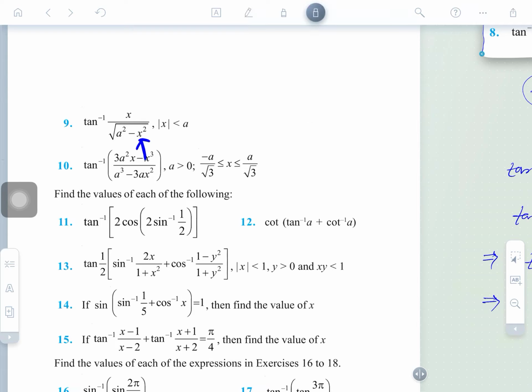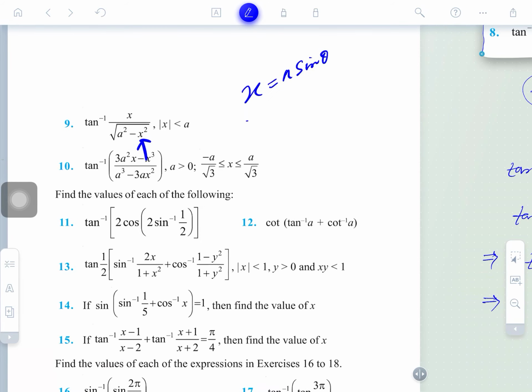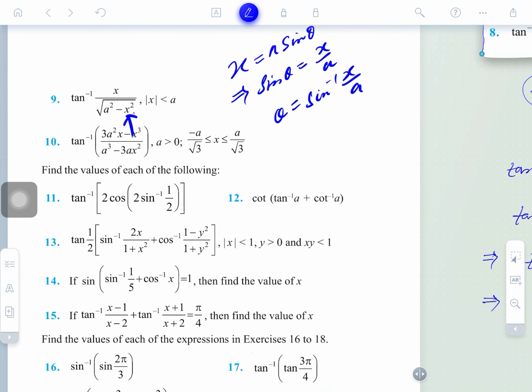So we'll suppose x is equal to a sin θ. Then sin θ is x by a, or θ is sin inverse x by a. Now put this in place of x, solve further and you will obtain the answer.